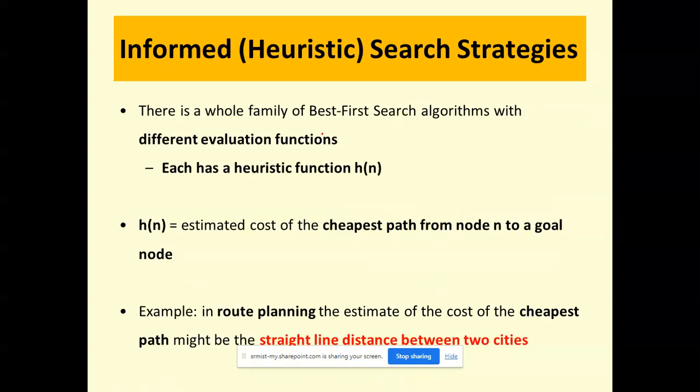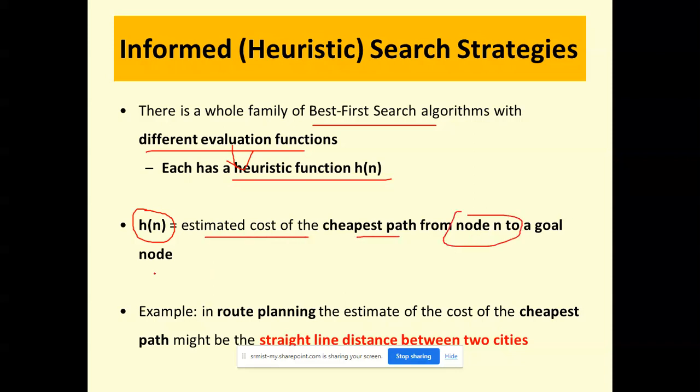As far as this best first search algorithm is concerned, you will have different evaluation functions, but each evaluation function will have a heuristic function. The heuristic function h of n is the estimated cost of the cheapest path from the node n to the goal node.